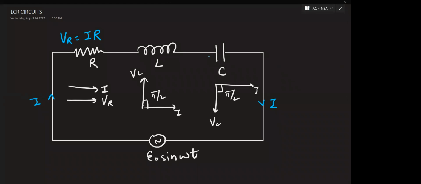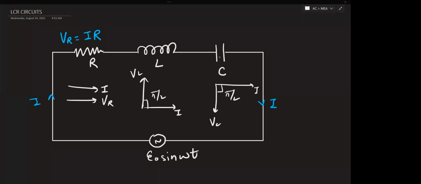Resistance of this, Salman, what do we take as the resistance of the inductor? Only the inductor. Are you there, Salman? No, I don't think Salman is over there. Zaid, can you answer?